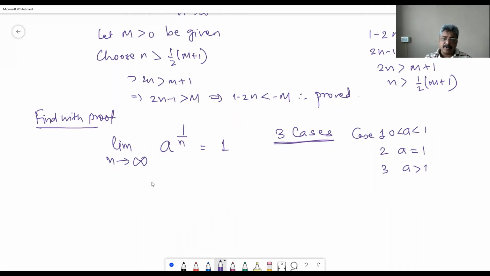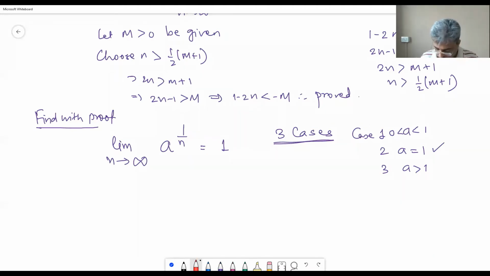Think about it. If a is equal to 1, then it is easy. Case 2 is easy. Whatever you are writing is more or less correct.